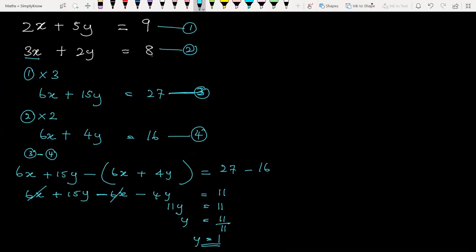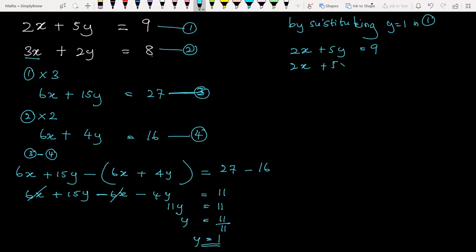So I'm going to substitute to the first equation. 2x plus 5y equals 9 is our first equation. You can substitute to any equation. Here I have selected first equation. 2x plus 5 times y.